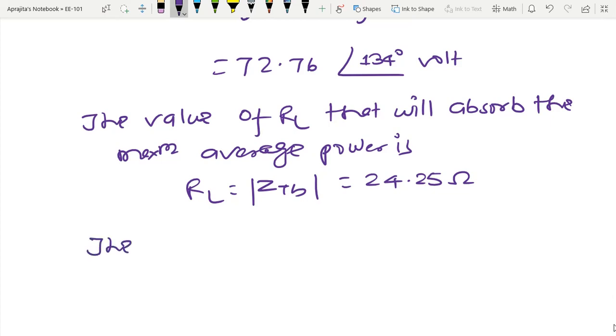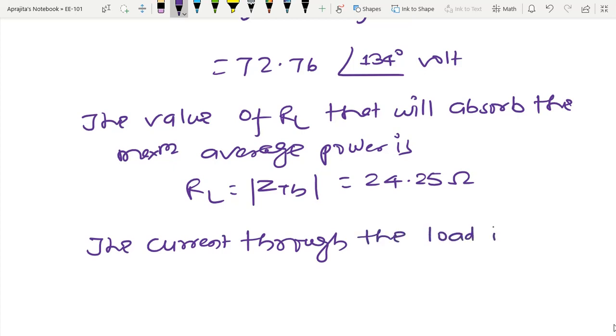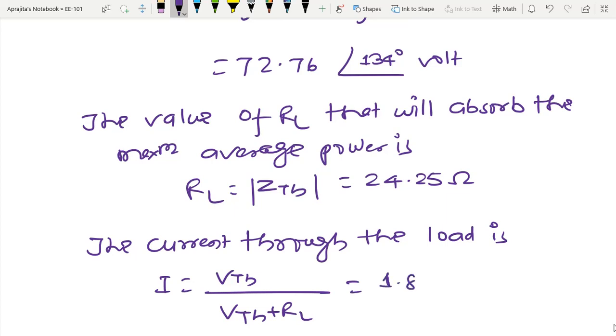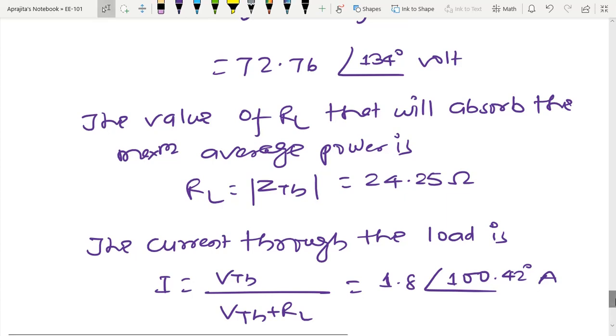So the current through the load, now after knowing the RL, I can calculate the current through the load, that is I equal to VTH by (ZTH plus RL). And if you perform this calculation, then you are going to get this number, ampere. So now I can calculate the average power.